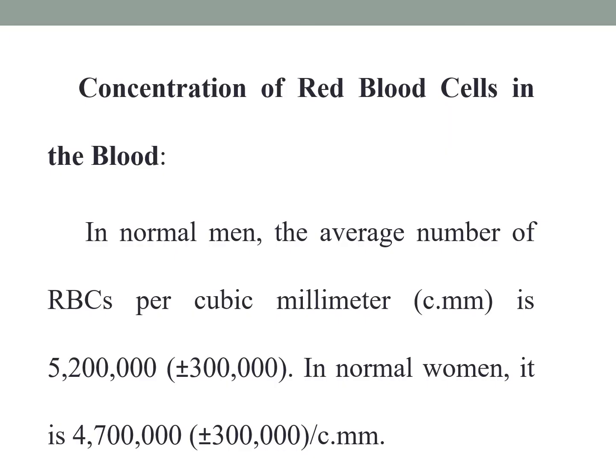Normally in men the average number of the red blood cells per cubic millimeter is equal to 5,200,000 plus minus 300,000, while in normal women it is about 4,700,000 plus minus 300,000 per cubic millimeter.